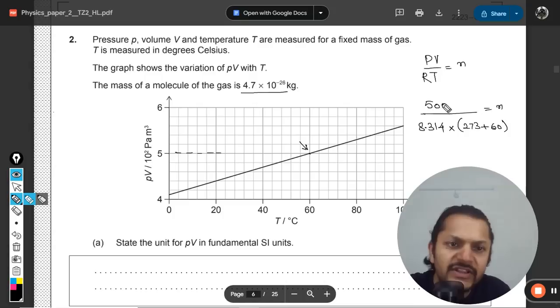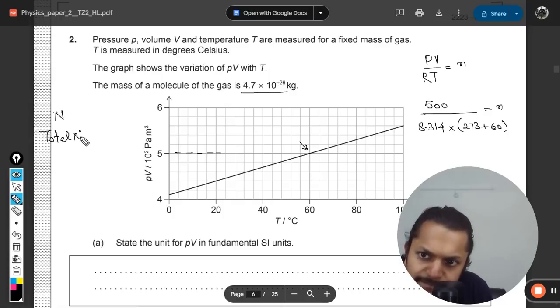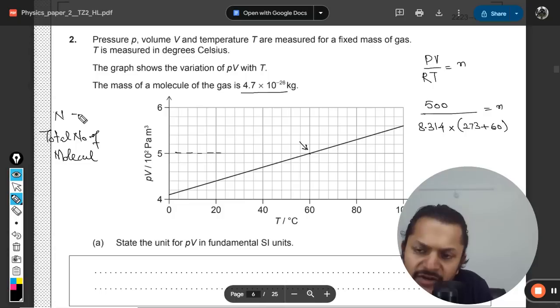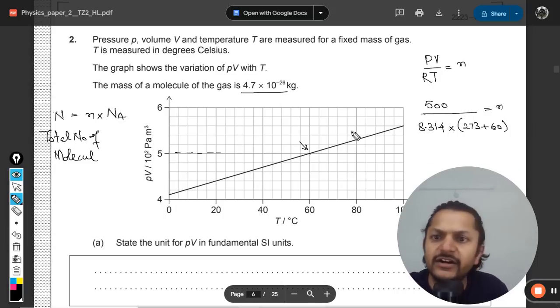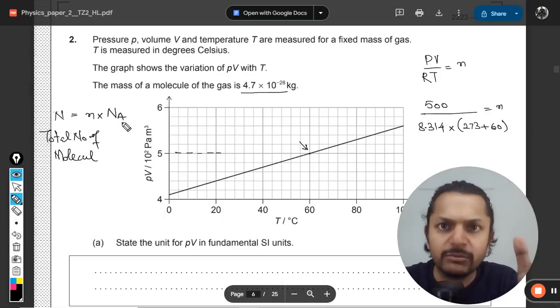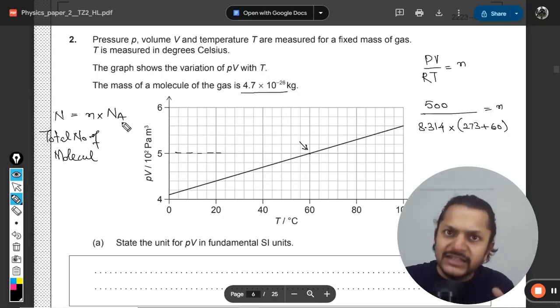So what we do, with the help of this number of mole, we find the total number of molecules. So total number of molecules will be equal to number of mole multiplied by the Avogadro's number. So this is the number of mole that we find here, and we multiply it with the Avogadro's number to find how many molecules are there in the chamber, in the gas.